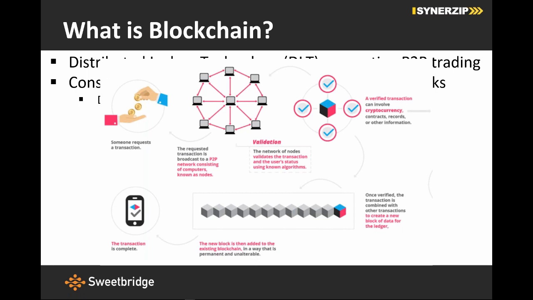Hopefully you're familiar with Bitcoin and some of the other cryptocurrencies out there, Bitcoin being the first one on the market. When someone wants to transfer Bitcoin from one person to another, and by the way, this is autonomous, they use an application to send a request into the blockchain. That request goes to many nodes.